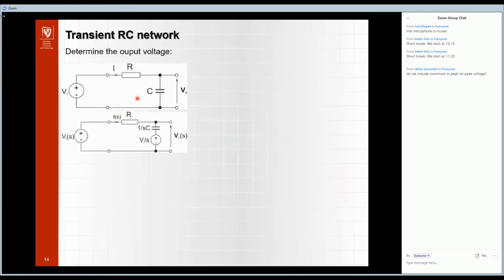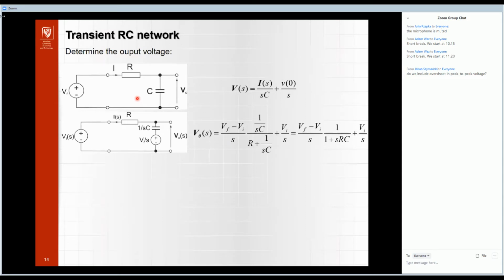Okay, so now we know such a system, and we can determine the output voltage in this system. We know the Laplace transformation, so it's not difficult, I think. We know the voltage at the time when we start the analysis. So we have the final voltage and initial voltage here, and the part connected with this resistance and capacitor.